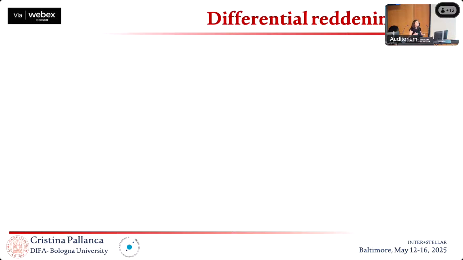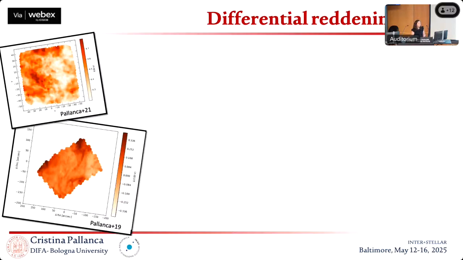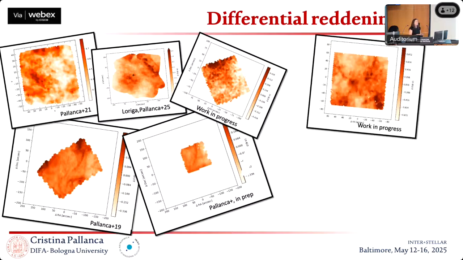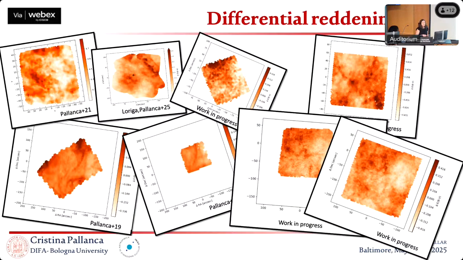And just to give you an idea of how complex the differential reddening is toward the galactic globular clusters, especially those located in the galactic bulge, here I'm reporting some differential reddening maps that we recently obtained for a few globular clusters.